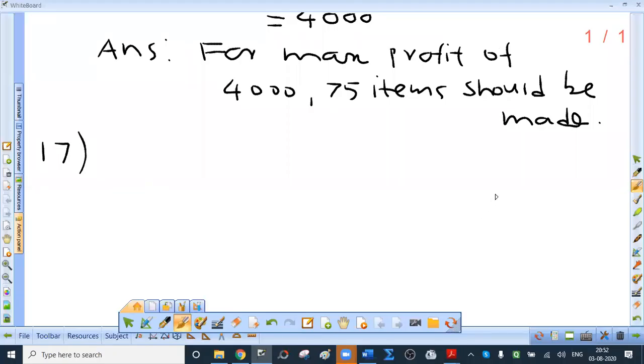Sum number 17. Find two numbers whose sum is 15, and when the square of one multiplied by the cube of the other is maximum. I repeat the sum.